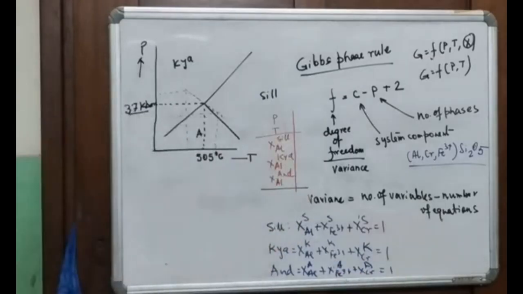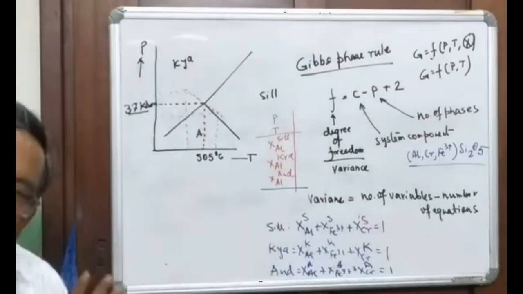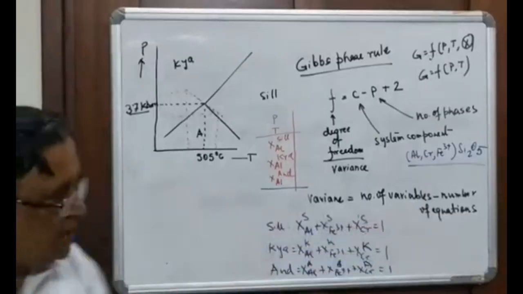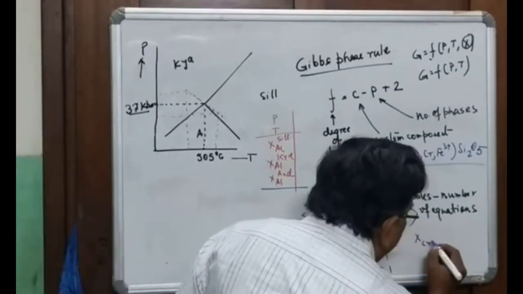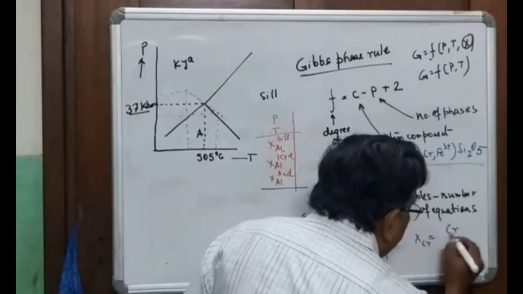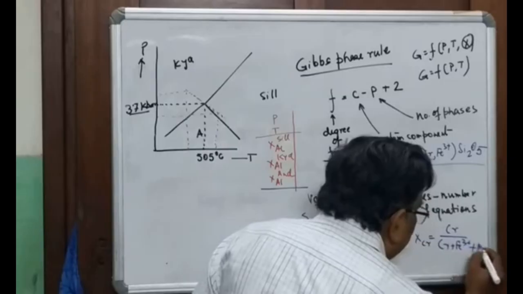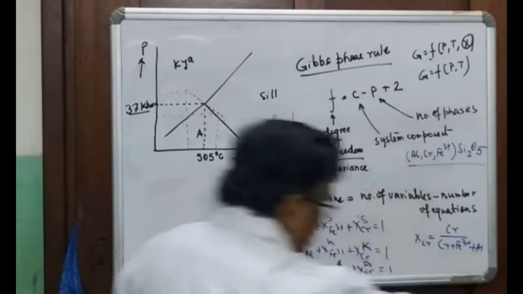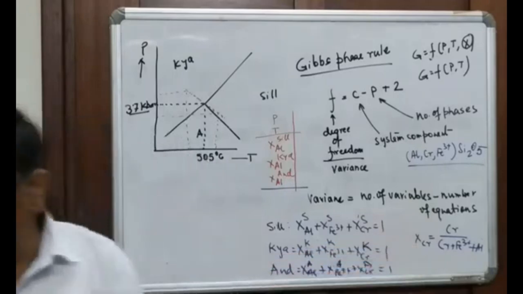That is it. I have written this. I hope you have understood it. I will just write one of them. So XCr will be what? Chromium divided by chromium plus Fe3 plus Al3 plus. Similarly, for XFe3 plus XCr.